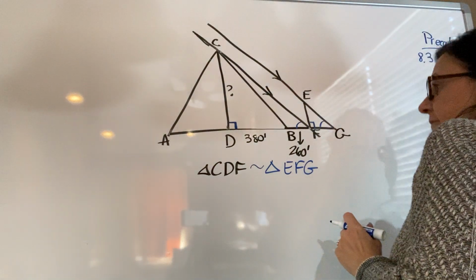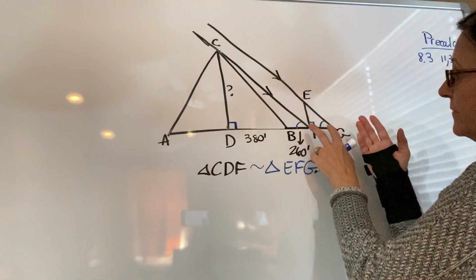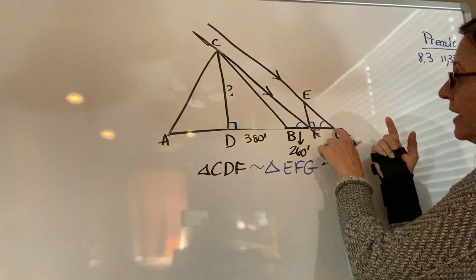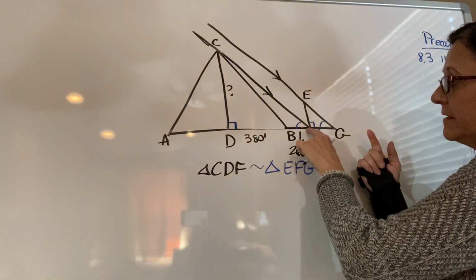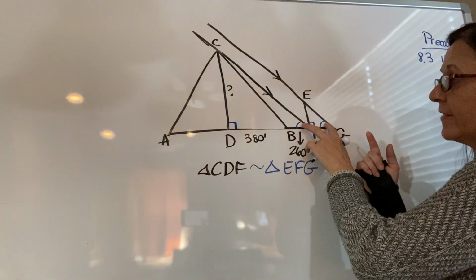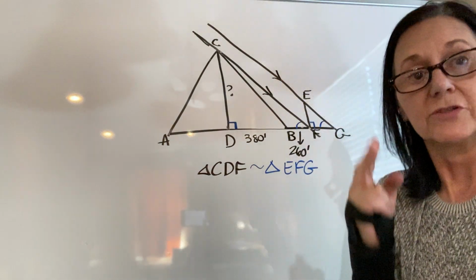It's similar because all of the angles are equal. So look at this. We knew that those are both right angles. These two angles here, angle G and angle CFB, are corresponding angles. So now I have two angles that are equal.